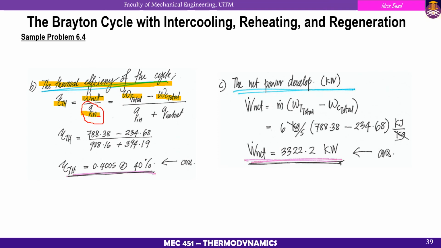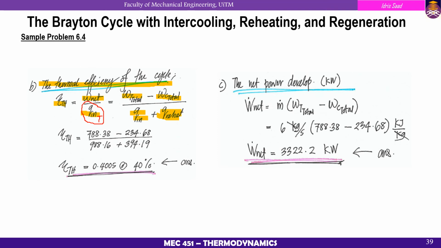So you have to put total here. Now we have two heat inputs: the first is from the Q in itself, and the second is for the reheat. If you have several reheats, you have to add them one by one until it's complete.